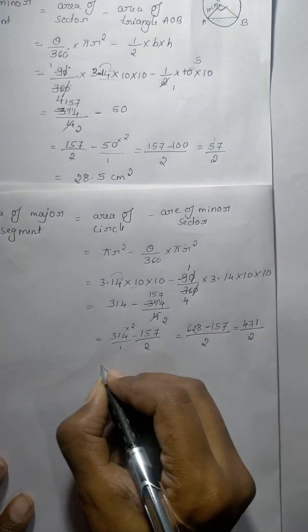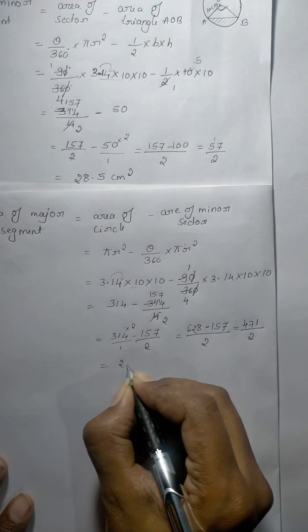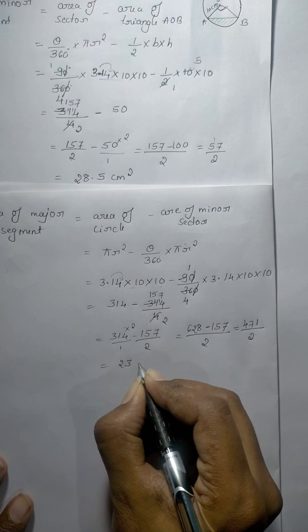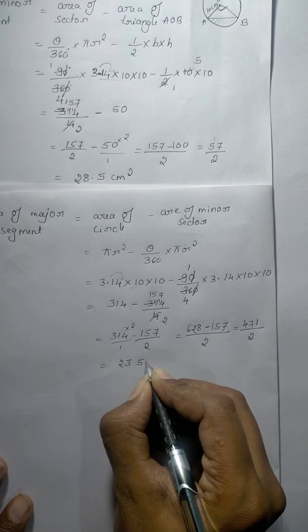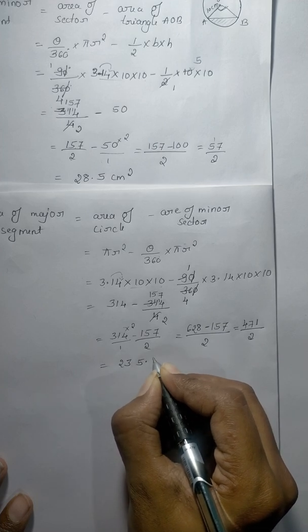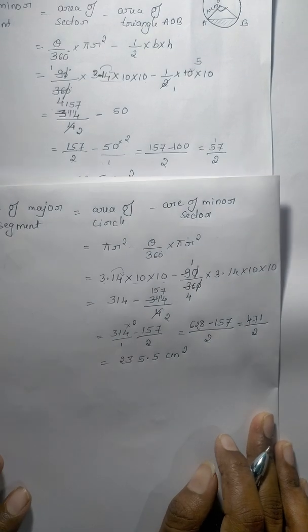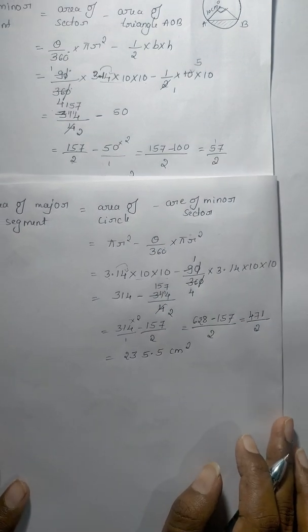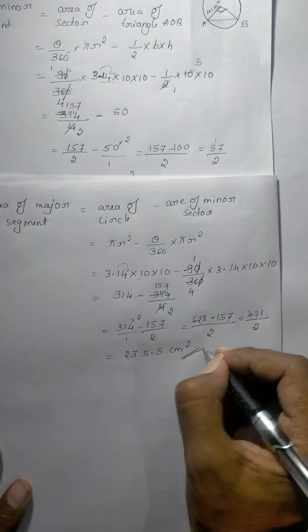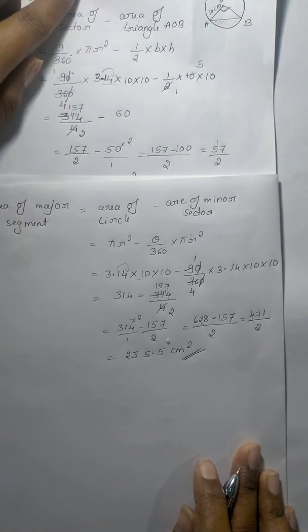Dividing this: 2 twos are 4, 2 threes are 6, 2 fives are 10, and the remainder gives 0.5, so centimeter square. So the area of the major segment will be 235.5 centimeter square. So this completes our fourth question, because they have asked a minor segment and major segment.